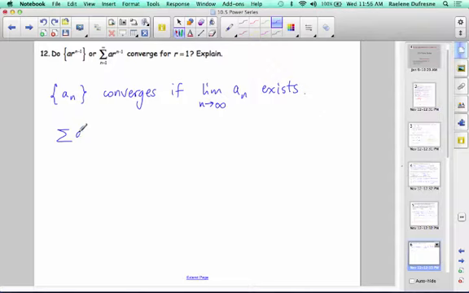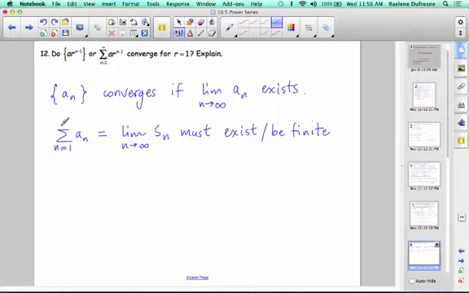Meanwhile, a series, the sum of a_n from n equals 1 to infinity, which is equal to the limit as n approaches infinity of S_n, must exist, which means be finite, for the infinite series to converge.